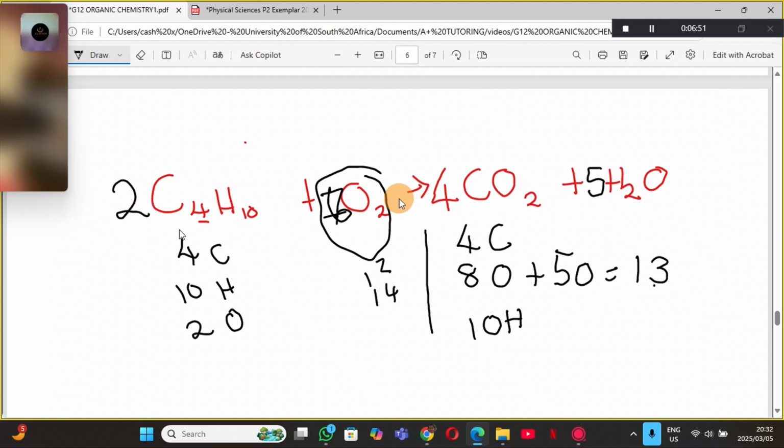That's where you get marks, by balancing. So if I say 2 on this side, that means I'll have 8 here. Once I have 8 there, I now have how many H's? 20. Meaning I now say 10 there. And then how many carbons do I now have? You have 8 carbons.